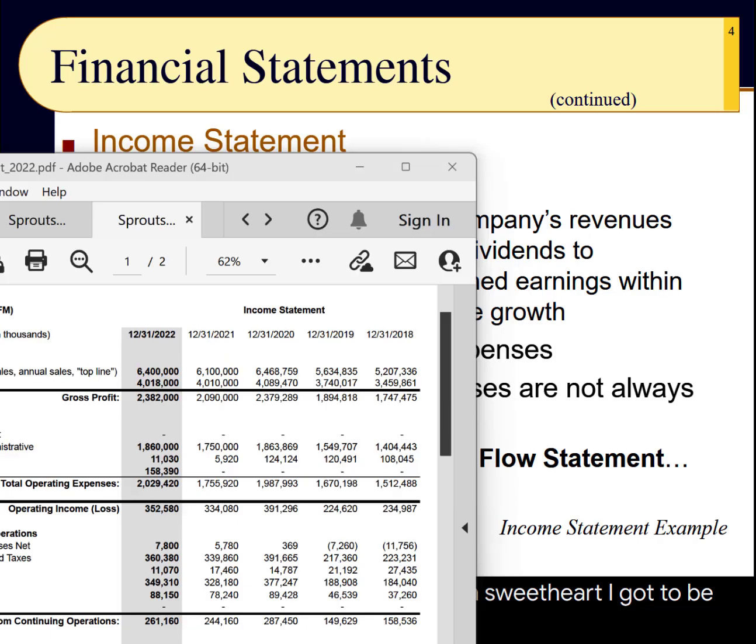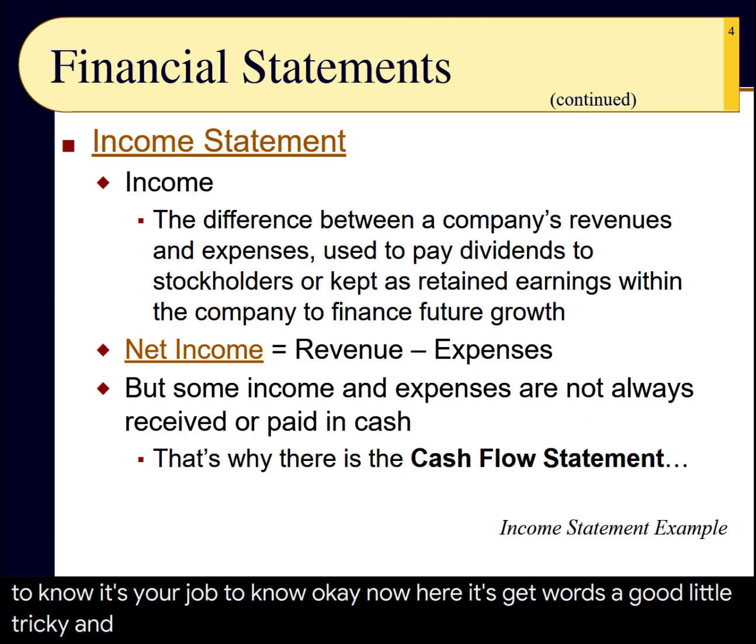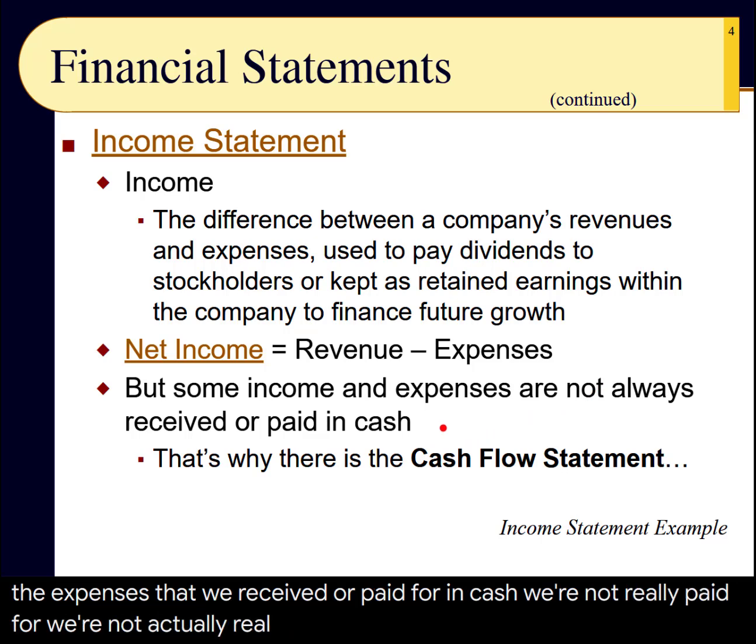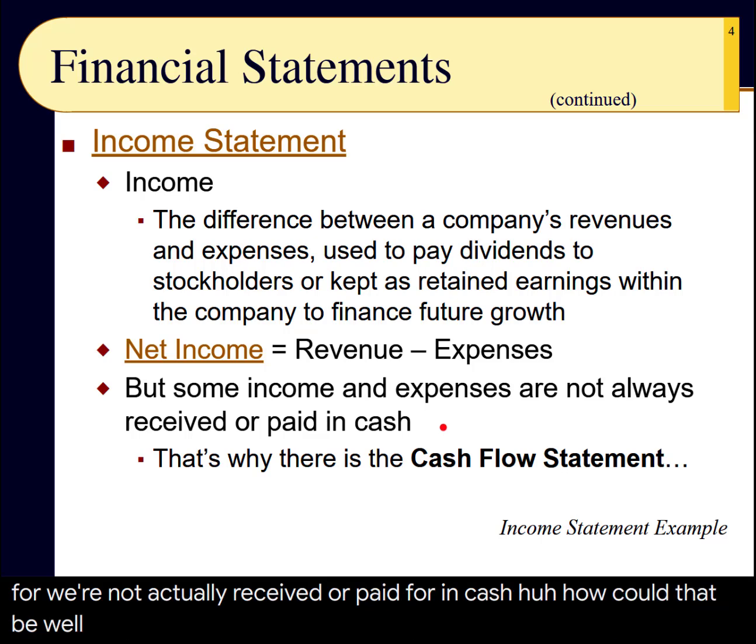Okay, now here it gets a little tricky, and this is where the accountants come in. Some of the income and the expenses that we received or paid for in cash were not actually received or paid for in cash. Huh? How could that be? Well, there's one that we'll key on, but there are others.